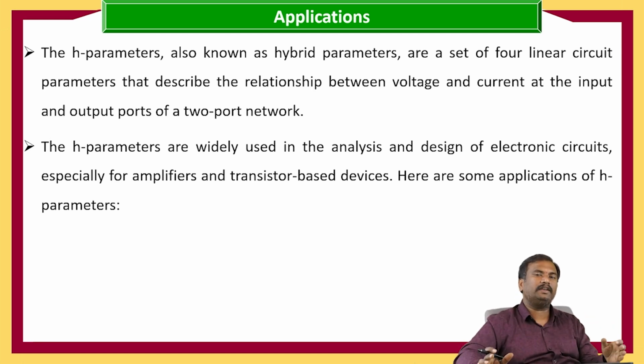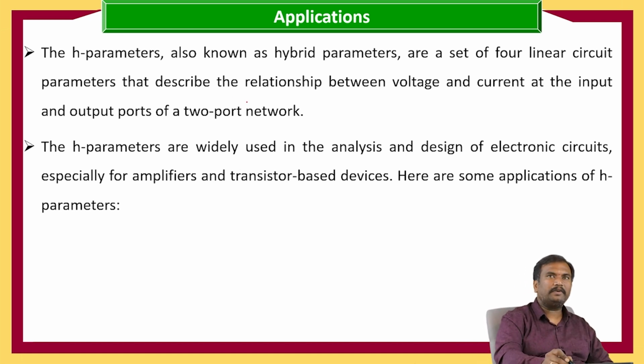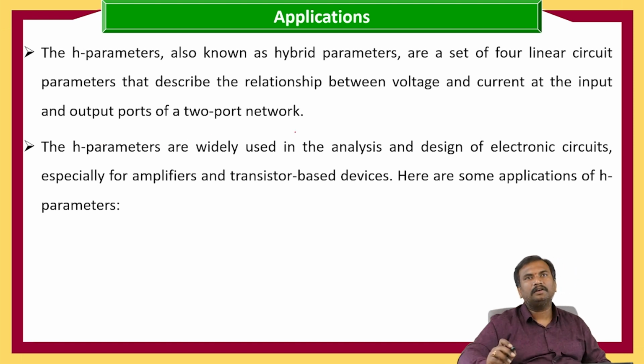Input port will be having input voltage and input current, and output port will be having output voltage and output current. Here, these parameters describe the relation between voltage and current at the input and output ports of the two port network.